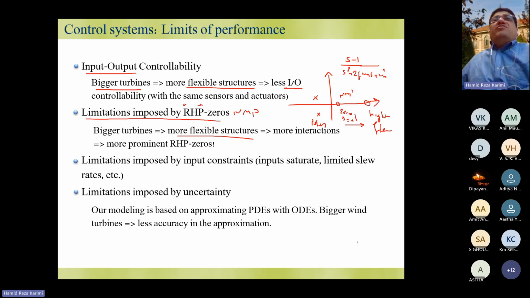For example, if you look at robotics, the length of the robot: if you have a beam like this, this is a beam. If the length of the beam is increasing, these zeros also move to the right side.